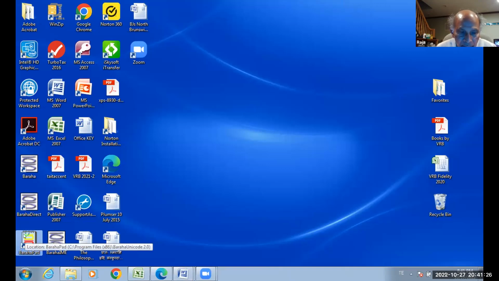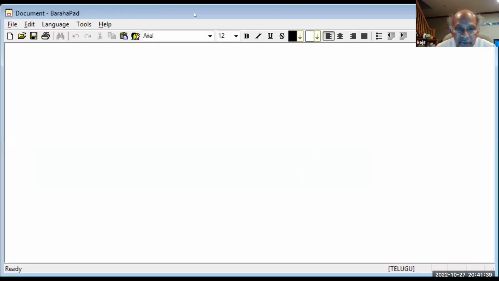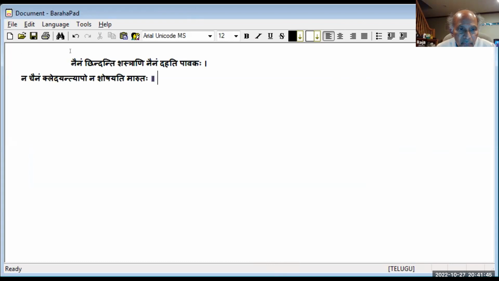Previously it was Microsoft, and now I'm going to share Baraha Pad. This is Baraha Pad. Can you see this? Yes, sir. And I copied the sloka here, the one from the Gita.